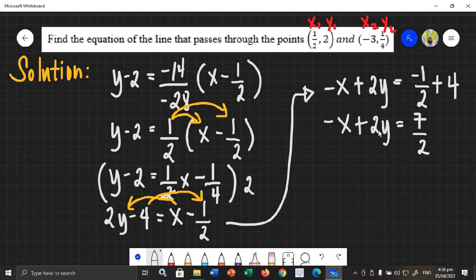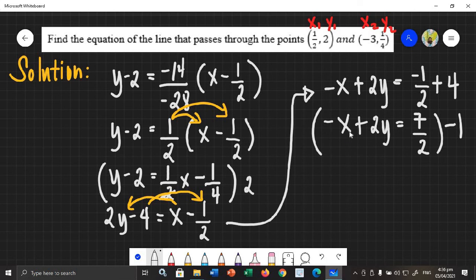Okay? And then, as you can see, ito yung sinasabi ko kanina, the coefficient of x cannot be a fraction and cannot be a negative number. Pero, napansin niyo, nung tinranspose natin si x, naging negative number siya. So, we need to get rid of that negative sign by multiplying the whole equation by negative 1. No? Kailangan natin siya i-multiply sa negative 1 para maging positive yung coefficient ni x.